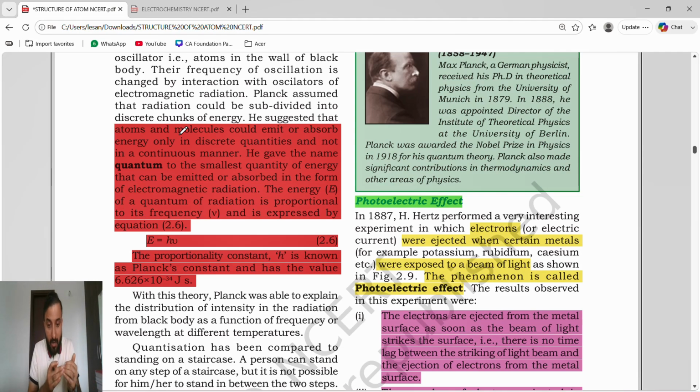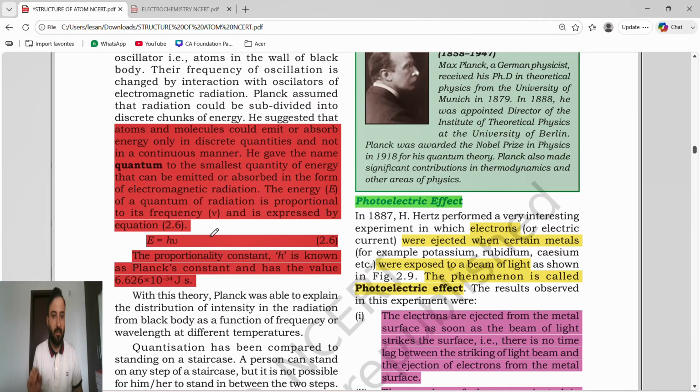If they did it continuously, we would have a big amount of energy. Discontinuous means a small amount, and that small amount is given the name quantum by the scientists.